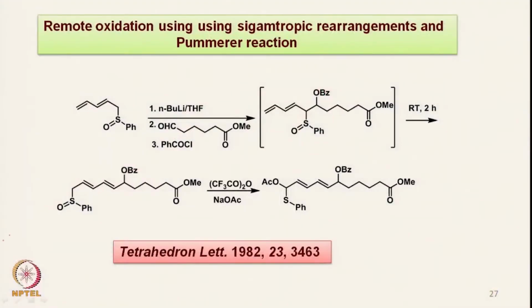Now in this particular slide which I have presented here, there is a combination of this sigma-tropic rearrangement, which is the Mislow-Evans rearrangement, which is nothing but the 2,3 sigma-tropic rearrangement associated with the Pummerer reaction. Now I have already mentioned a few times how allyl sulfoxide can be converted to the corresponding allyl sulfonate ester from different kinds of substrates.